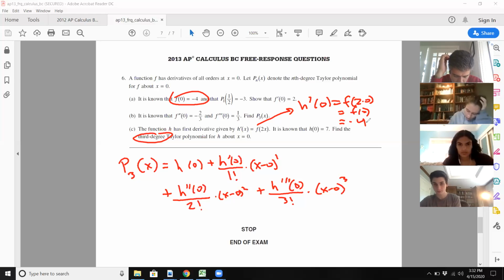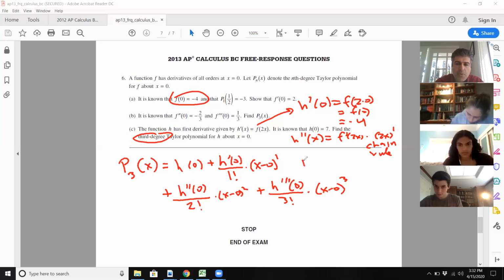But you're going to have to be really, really careful with h double prime of x, which is actually going to be f prime of 2x times the derivative of 2x. You have no choice but to do a chain rule here.